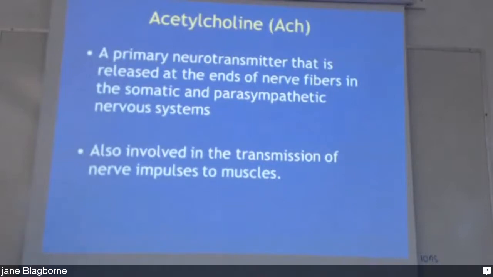So acetylcholine is the primary neurotransmitter. You'll see that a lot as we're learning more about that particular transmitter. It's released at the ends of the nerve fibers in the somatic and parasympathetic nervous systems, and it's also involved with transmission of nerve impulses to muscles.